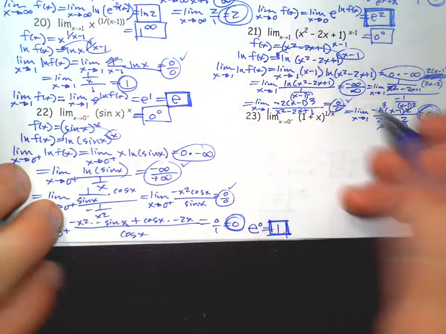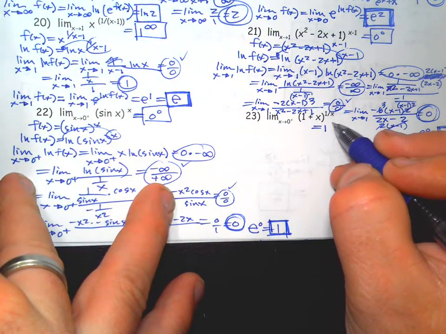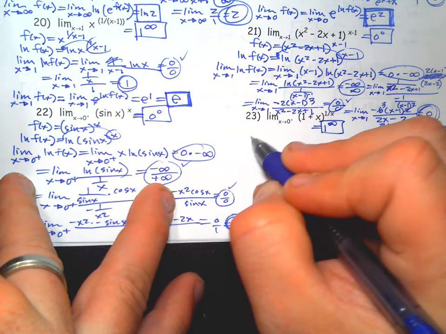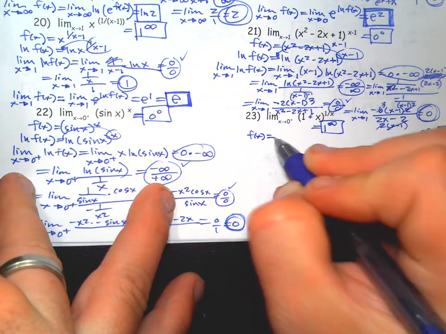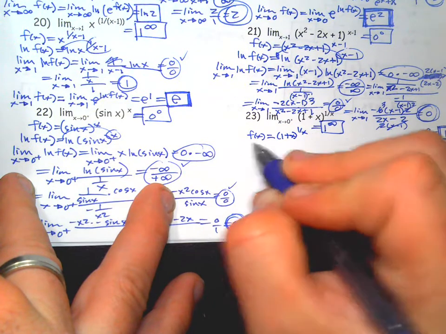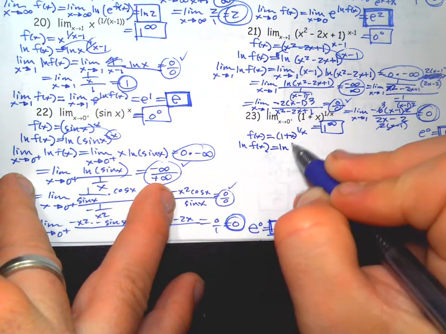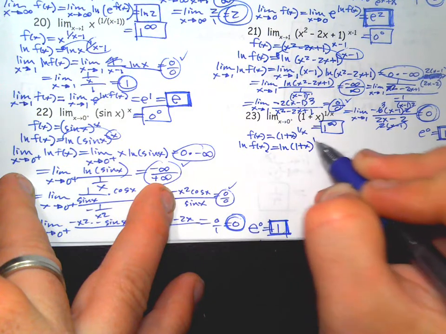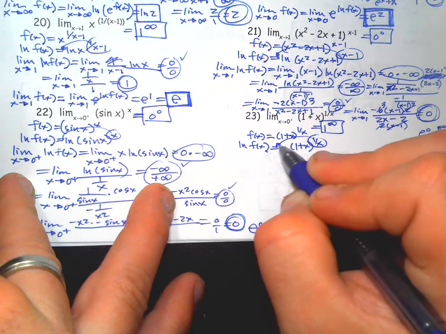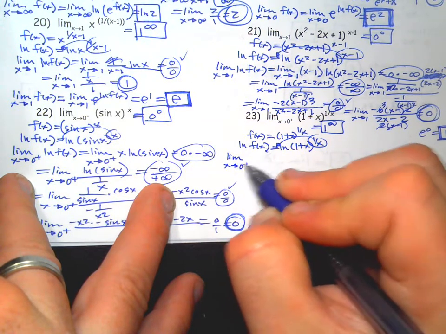Okay, last one. We're going to get 1 to infinity. f of x, natural log, log rules, limit of the new expression.